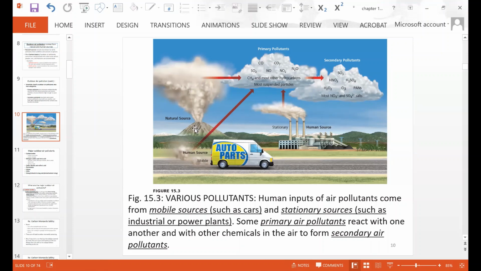And then you have some natural sources. Here is a volcanic eruption emitting pollutants into the atmosphere. And then here you have a representation of secondary pollutants, which are being formed related to chemical reactions.